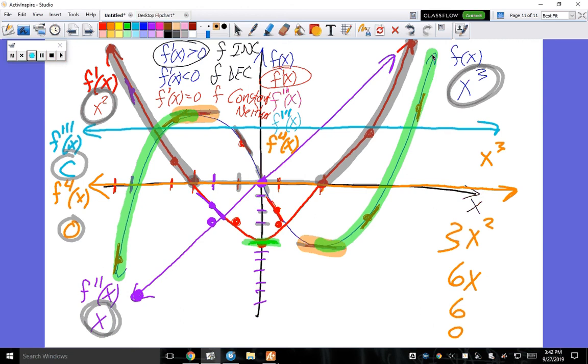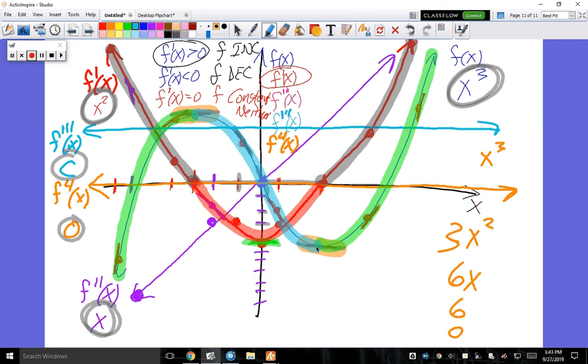You with me? Watch this. F prime of x is negative here. And that makes sense, because the original function was what? Decreasing there. Do we understand all that?